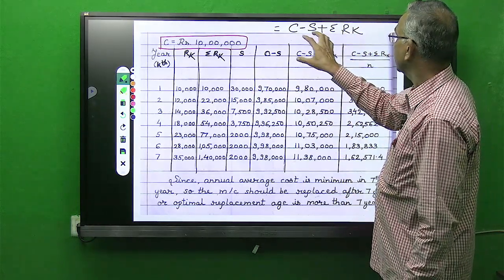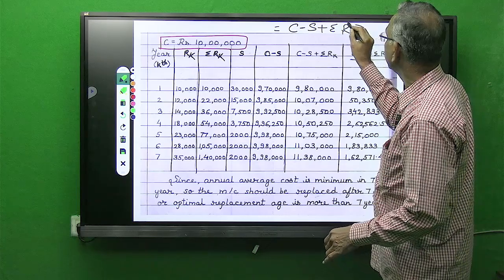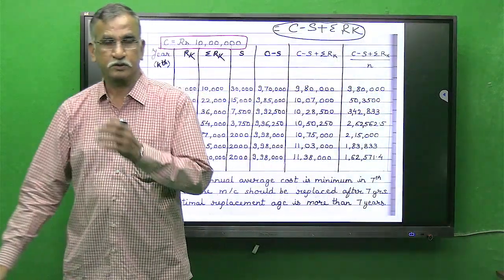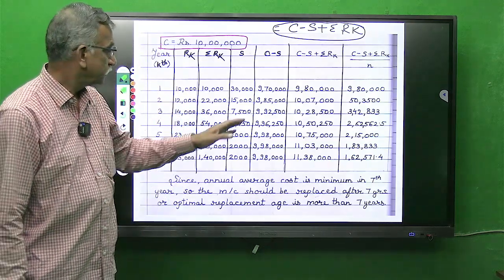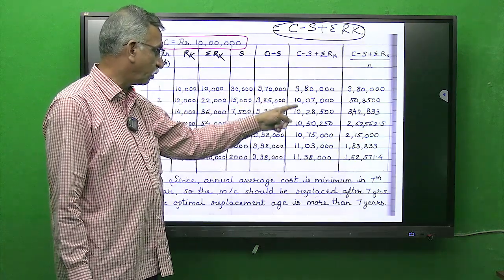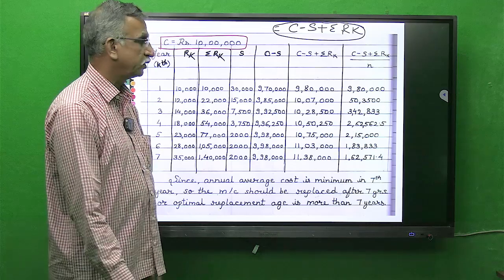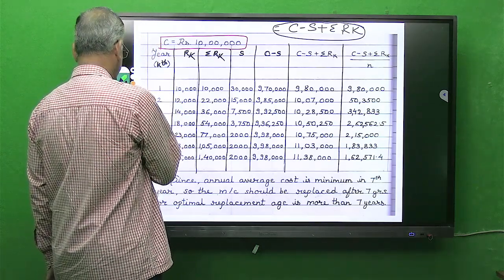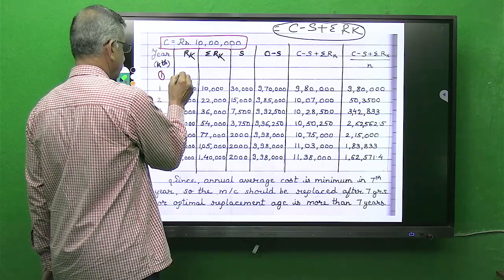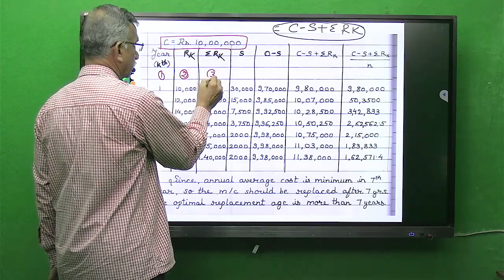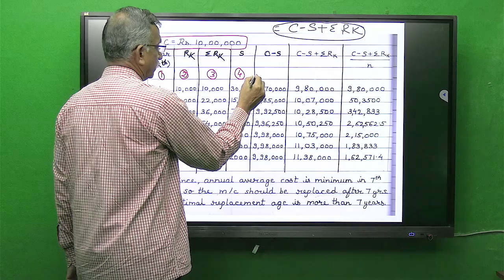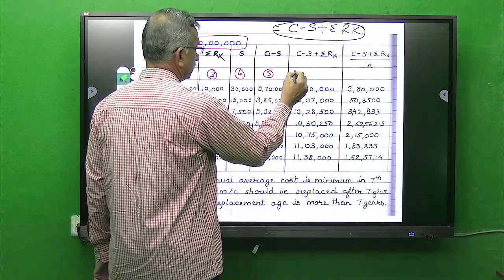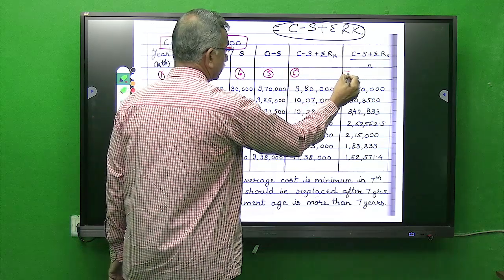So ultimately then this particular value is ready. This particular value is ready for all the years. Got it? Similarly, I did it for all the years, all 7 years. So what is done? Suppose we read this column as 1, this column as 2, this is third column, this is fourth column, this is fifth column, this is sixth column, and this is seventh column.